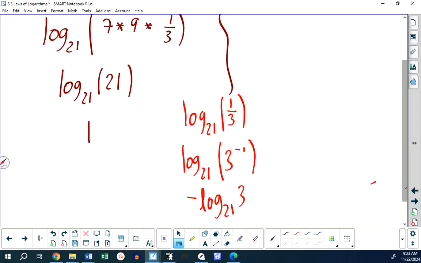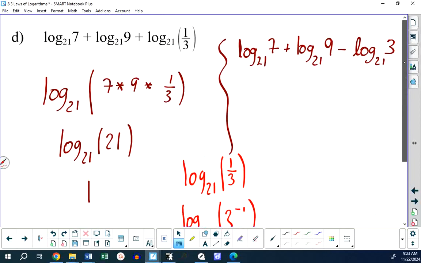And what I'm telling you is a rule. It's actually a law, but it's not given to you on a formula sheet. I call it the negative logarithm law, that if you have the logarithm of a fraction, you can flip that fraction over and change the sign of the logarithm from plus to minus or minus to plus. You can even do that with the base. If you have a fractional base, you can flip it over and change the sign of the logarithm out in front. It makes life very easy. Anyway, the answer is 1.